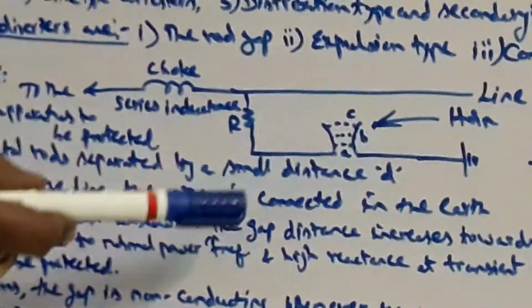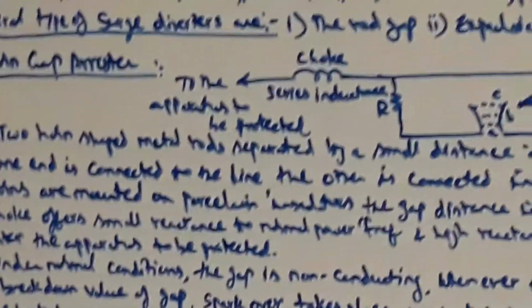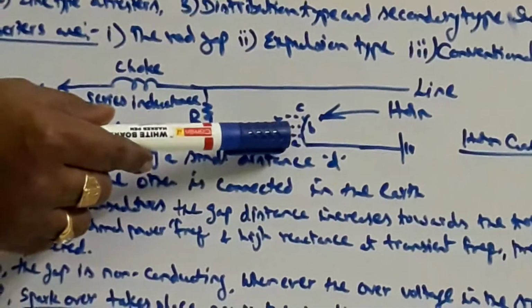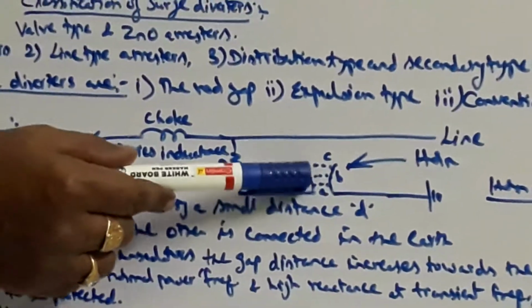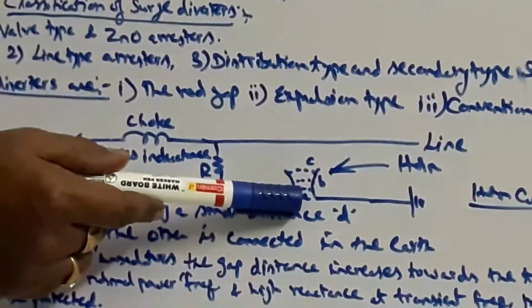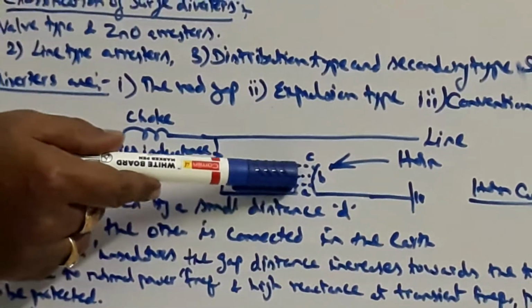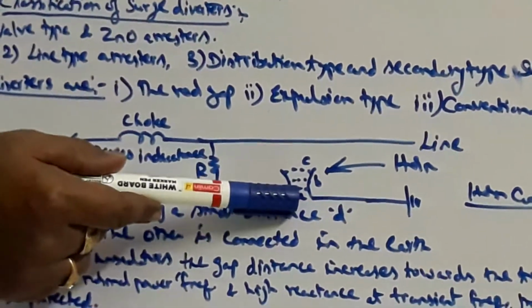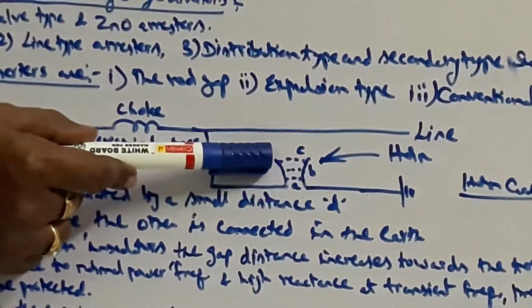Thus spark over takes place between the two rods of the horn gap arrestor, and during this period the heating of the air around the arc as well as the magnetic effects of the arc will cause the arc to move in an upward direction, that is from position A to position B and position C.